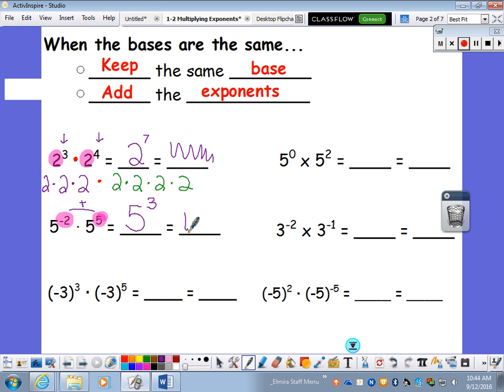And again, not asking you to do anything more, actually. Now, the next one down has negative bases. So I have a base of -3, but notice it is in parentheses. So I need to keep my answer in parentheses, but then I just go back to my adding exponents. 3 plus 5 is 8.